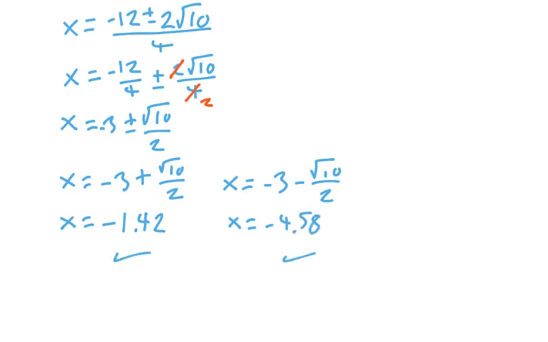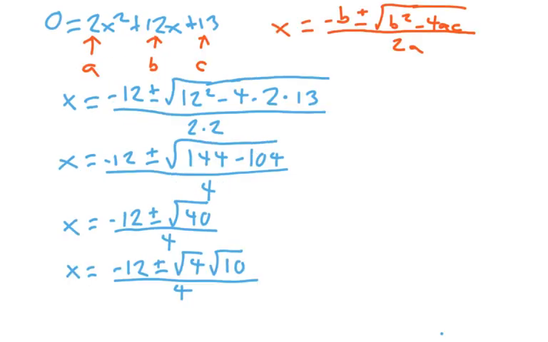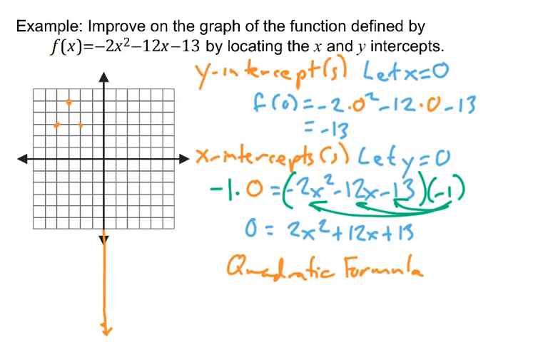Those are my x-intercepts. So if I go back to my graph, I can see that I can make it more accurate by adding in these two x-intercepts. The one, again, was at negative 1.42. It's not quite negative a half. And the other one is negative 4.58, just a little beyond negative 4.5.